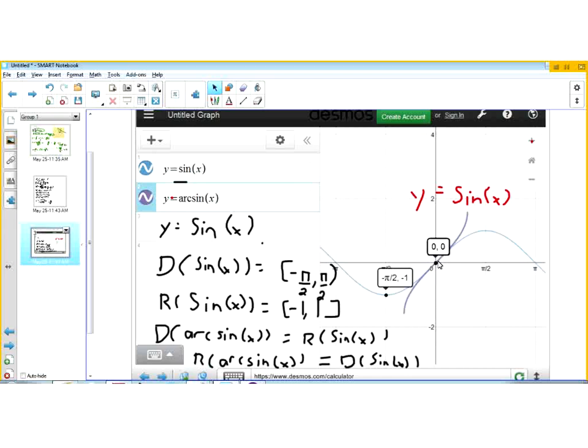Likewise, 0, 0 is a point on both graphs. And pi halves, 1 is a point on the graph of principal sine, so we would expect this point to be 1, pi halves. So if you ever need to sketch the arcsine function, this is the technique for rapid sketching of it. So let me see if I can get there.